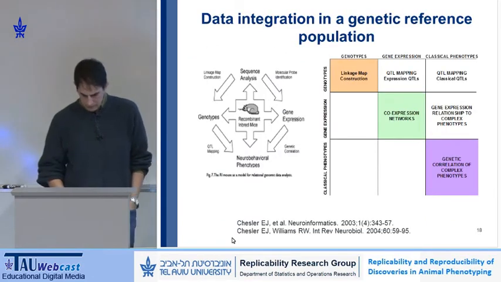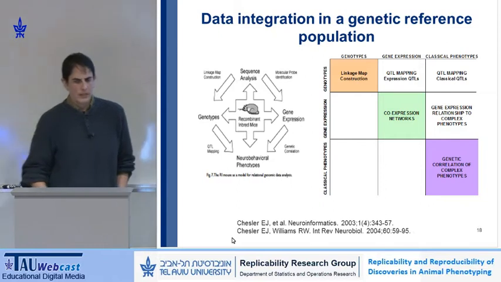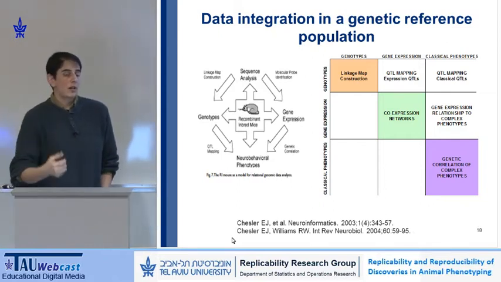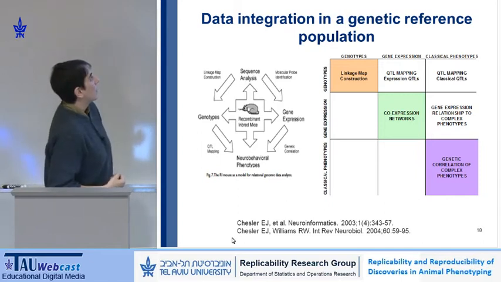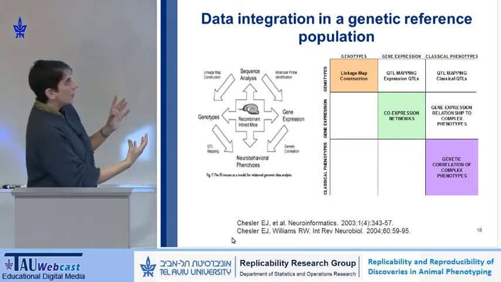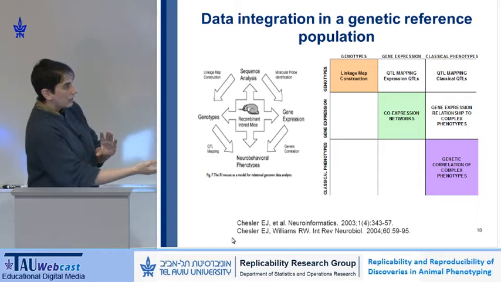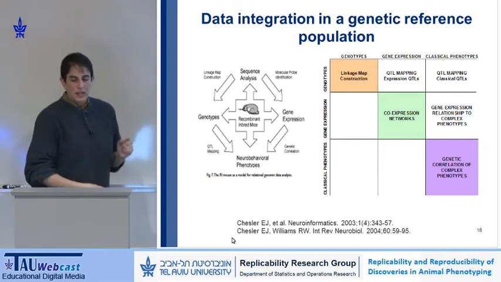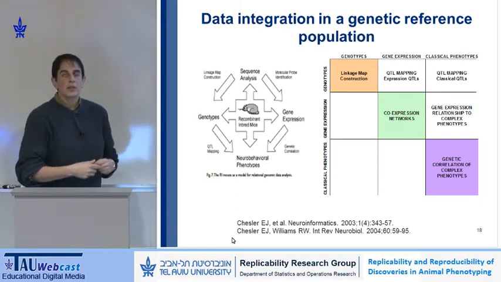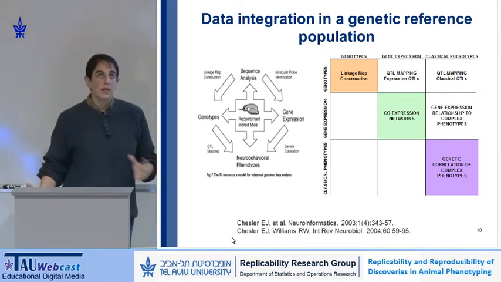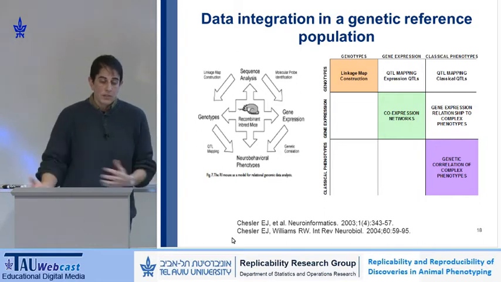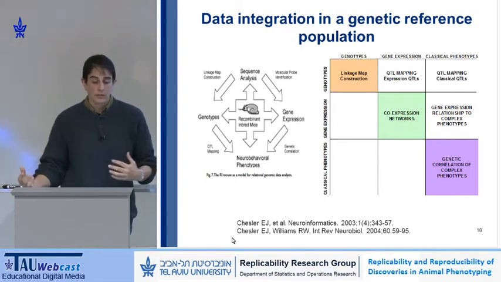Rob just talked very nicely about the work in GeneNetwork, where we can integrate data across a genetic reference population. And again, just another representation of that idea. We have genotypic data, gene expression data, classical phenotypes, molecular data, and we're essentially using specialized correlations and interrogating this correlation matrix to relate broadly biological characteristics of this population across levels of scale.